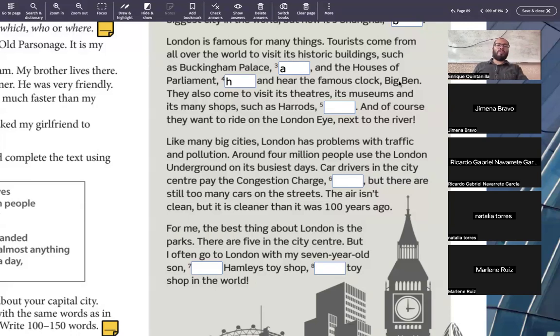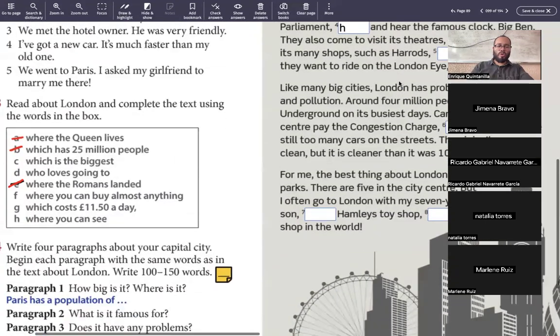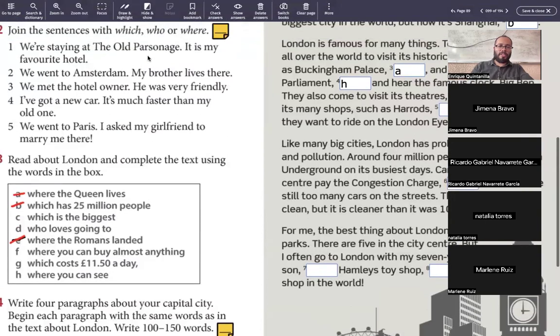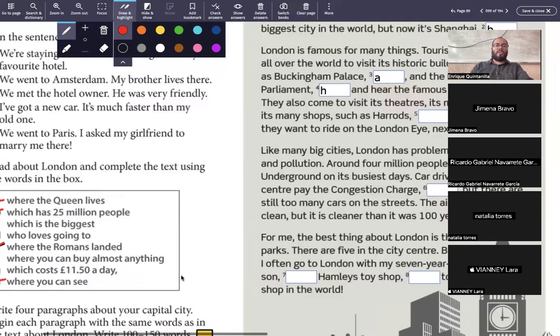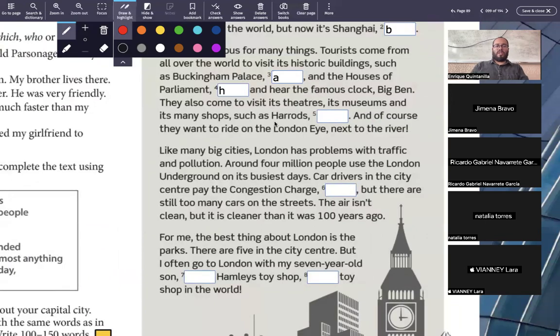Because it says where you can see and hear the famous clock, Big Ben. Okay, we continue. It's museums and its shops such as Harrods. Harrods is like a shopping center, like a fashion designer clothes shop, no? Is it a place, a thing, or a people? Place.